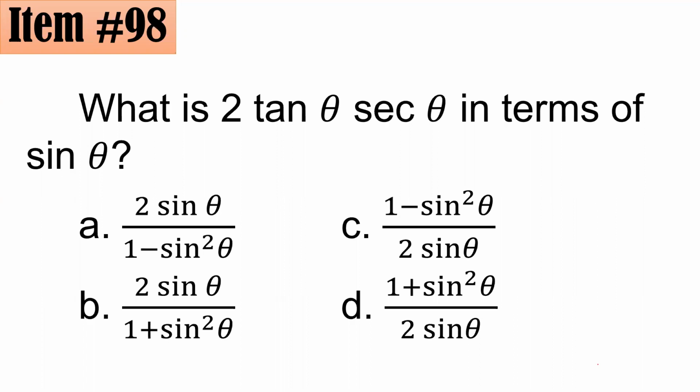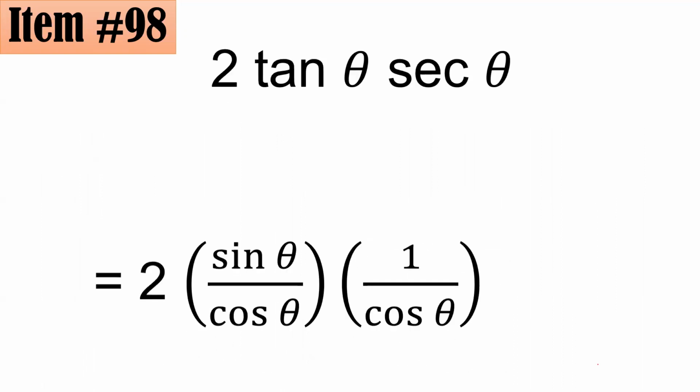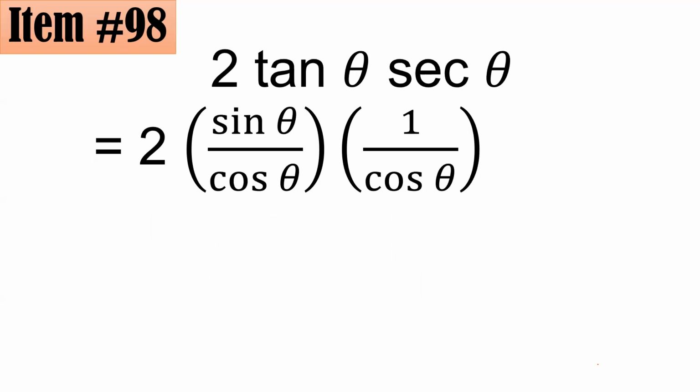So, just like the previous example, yung ginawa ko po dito ay in-express ko siya in terms of sine and or cosine. No? And with that, 2, the tangent theta, I express it as sine theta over cosine theta. This is actually based on our identities. And secant theta is the reciprocal of cosine.